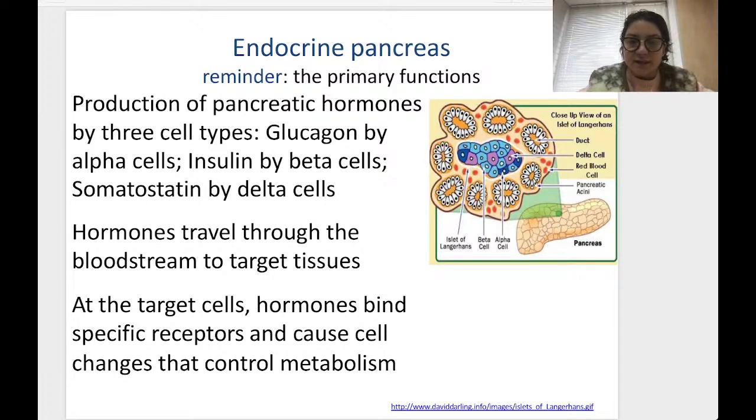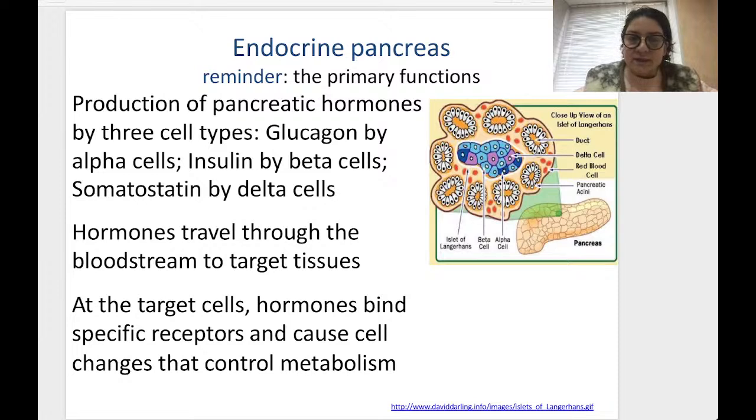You can see it here in the picture on this slide. In the pancreas, except for exocrine cells, there are islets of Langerhans that consist of several types of cells. The most important for us are alpha cells and beta cells.